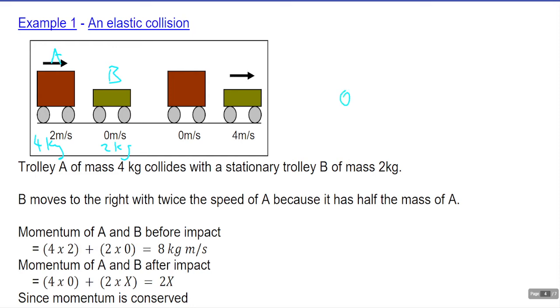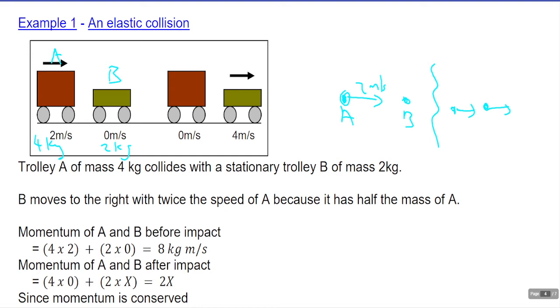So what am I saying there? I'm going to use a free body diagram. So this one is going to the right with 2 meters per second. And then this one is stationary. Then after the collision, what's going to happen is B will move to the right. So this is B, this is A. B will move to the right, and A also will move to the right because A has a larger mass.